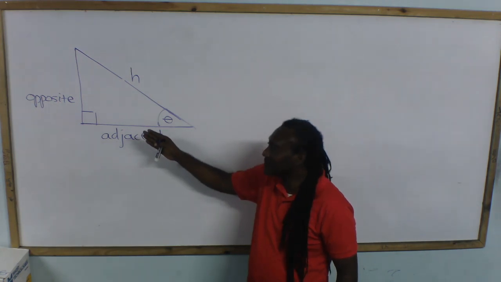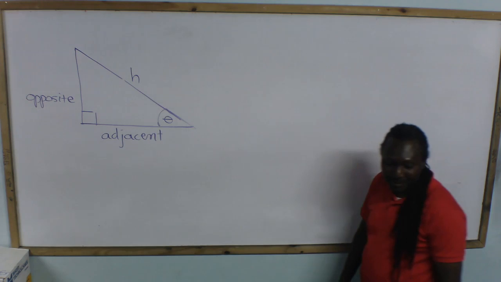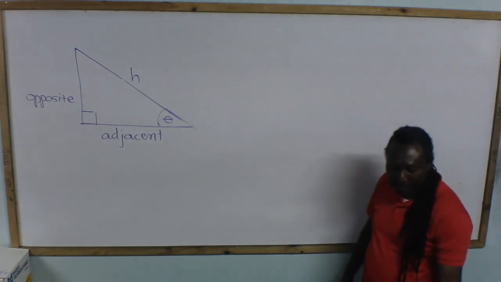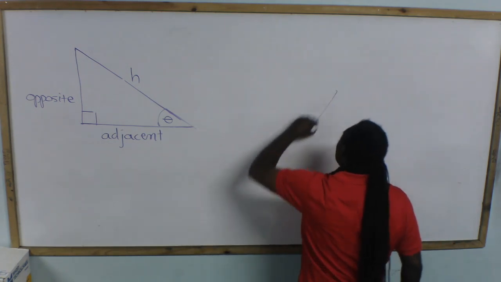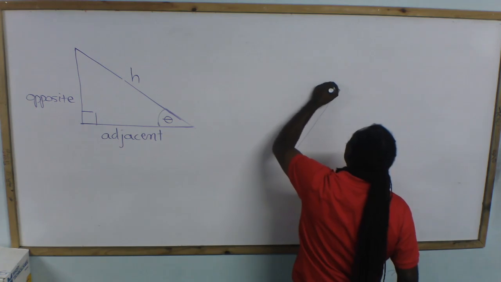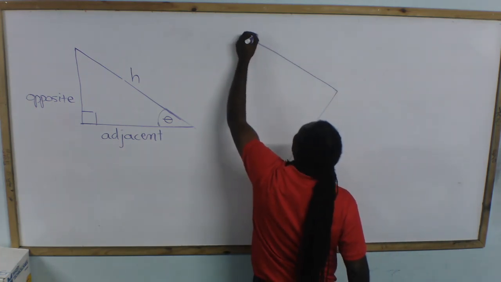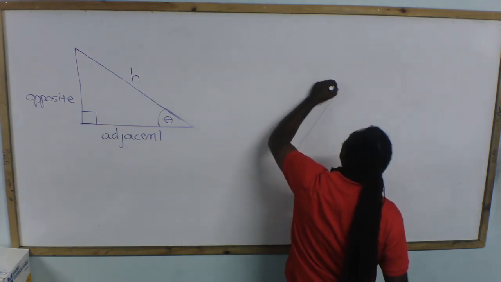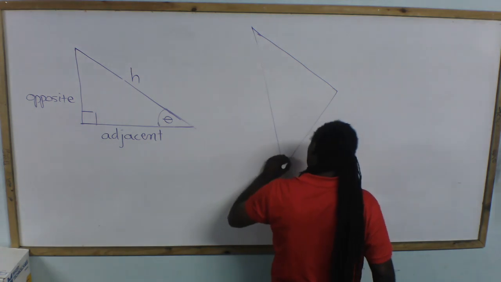The longest side, and that is opposite to your right angle. Let me put something up there that's somewhat skewed. Yeah, right angle.